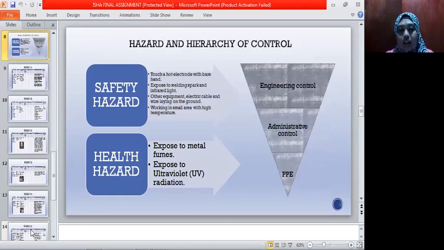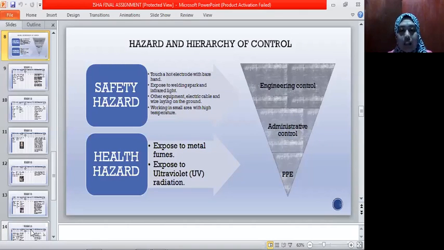Okay, this is the hazard and hierarchy of control that we have identified based on the case that we use in this assignment. For safety hazards, we found that the worker touched a hot electrode with bare hands. The second is exposure to welding spark and infrared light.